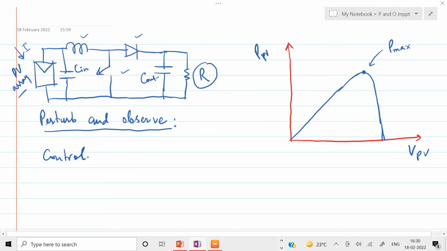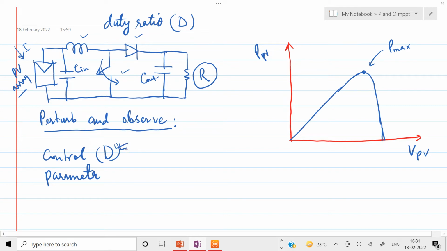So the parameter in our control is the switching time, that means the duty ratio D. This is the control parameter. If I change this value of D, then I am changing the resistance observed by the panel, and consequently I can move from one point to the other on the IV characteristic and reach the knee point.